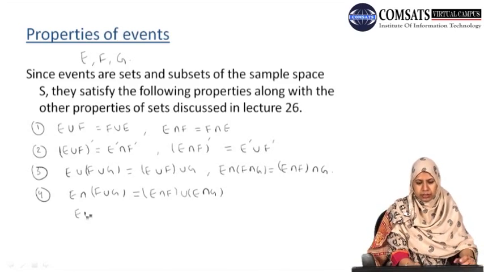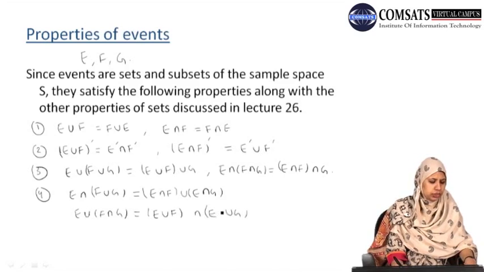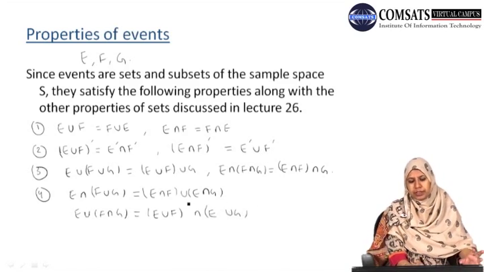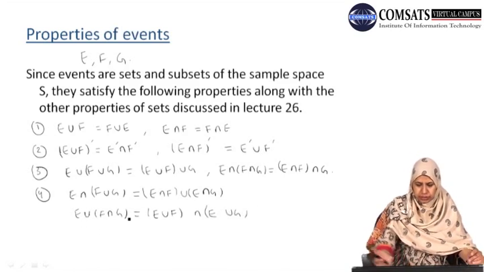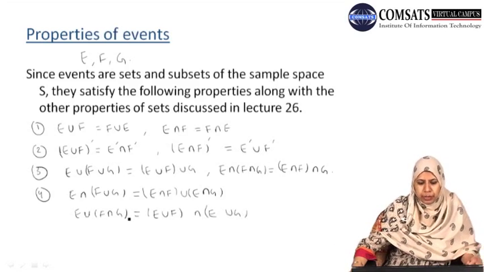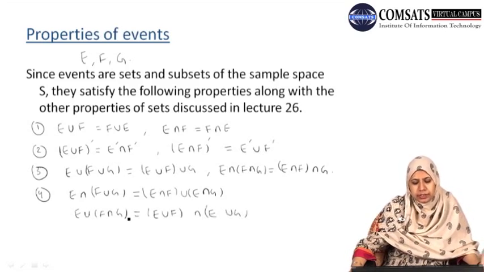And if we interchange the sign of union with intersection, we obtain E union F intersection E union G. These properties are known as the distributive property of intersection over union and the distributive property of union over intersection. So these are very simple properties which events satisfy, just like other sets.